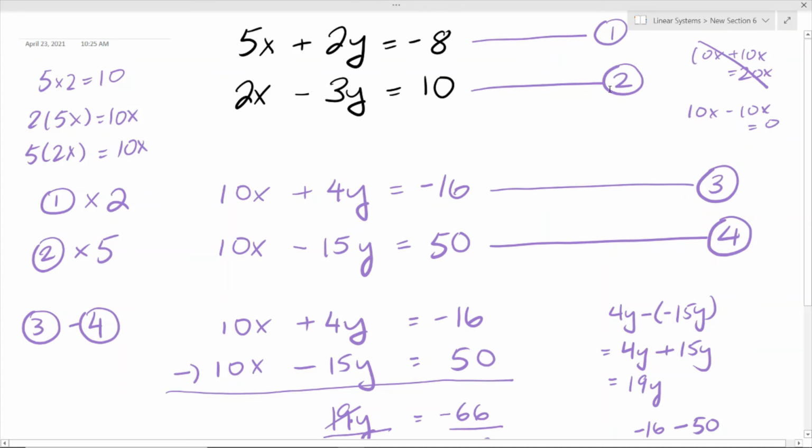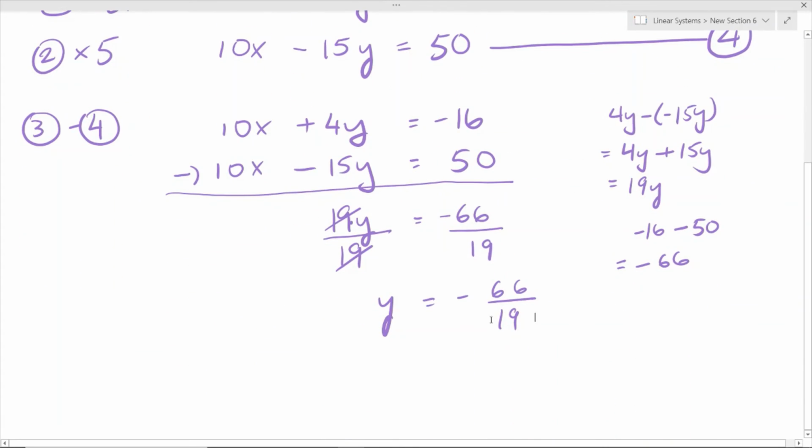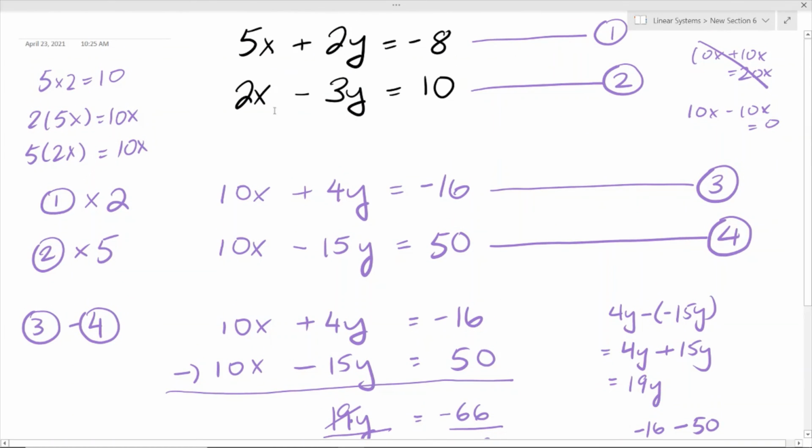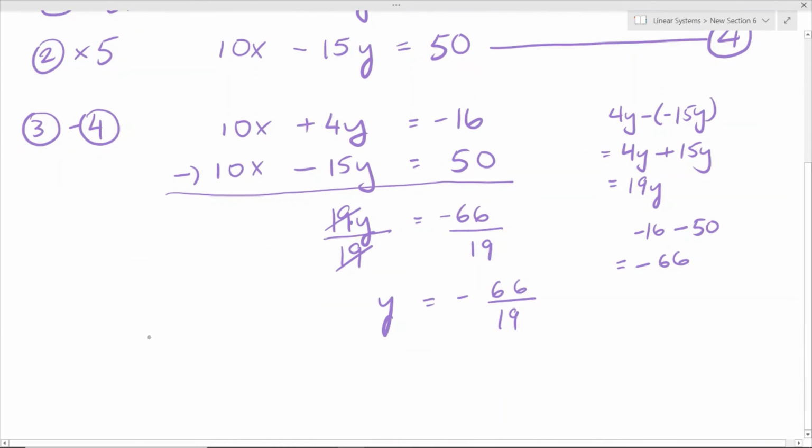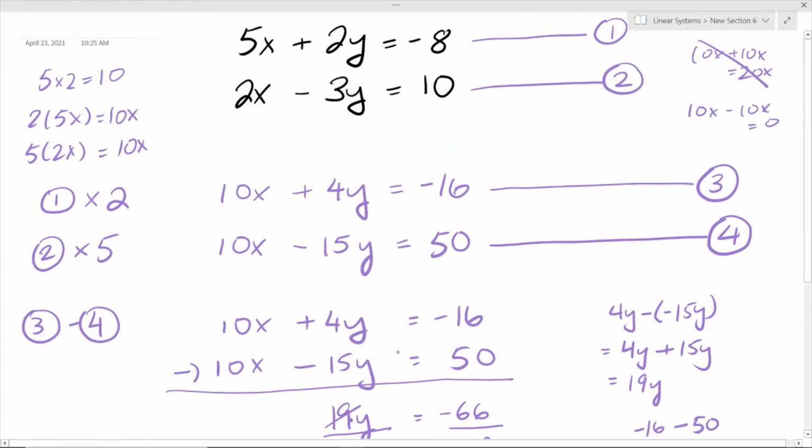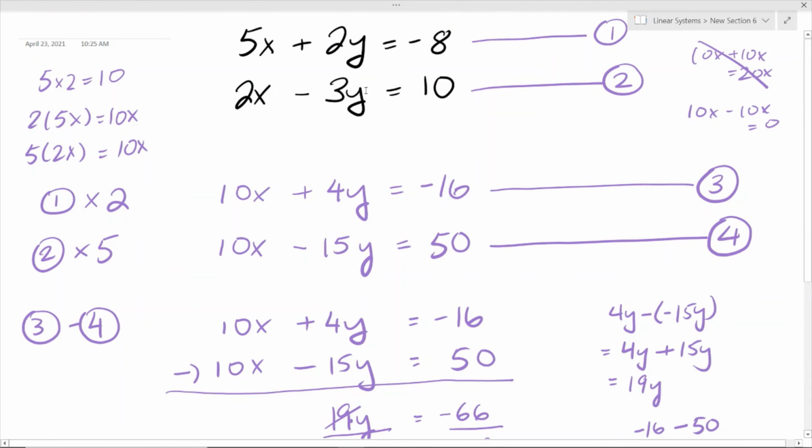So why not plug it into equation 2? I'm going to substitute y equals negative 66 over 19 into equation 2, so we can solve for x. So I'm going to copy equation 2, which is 2x minus 3y equals 10.